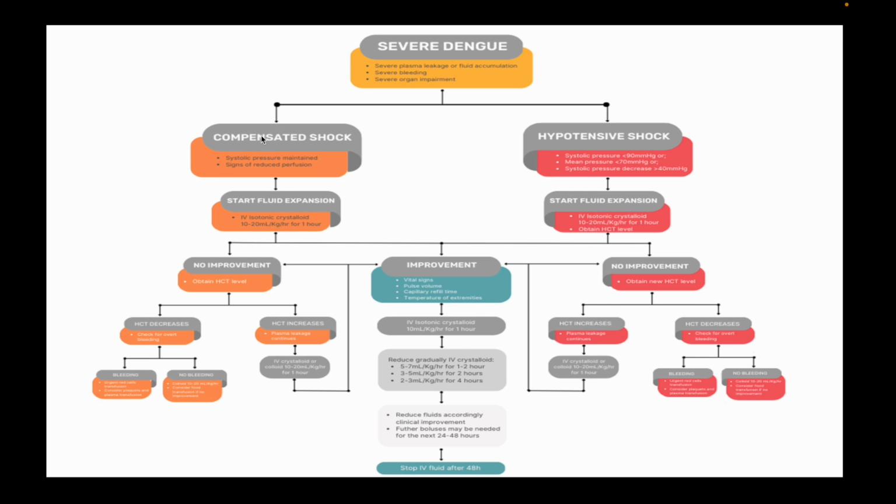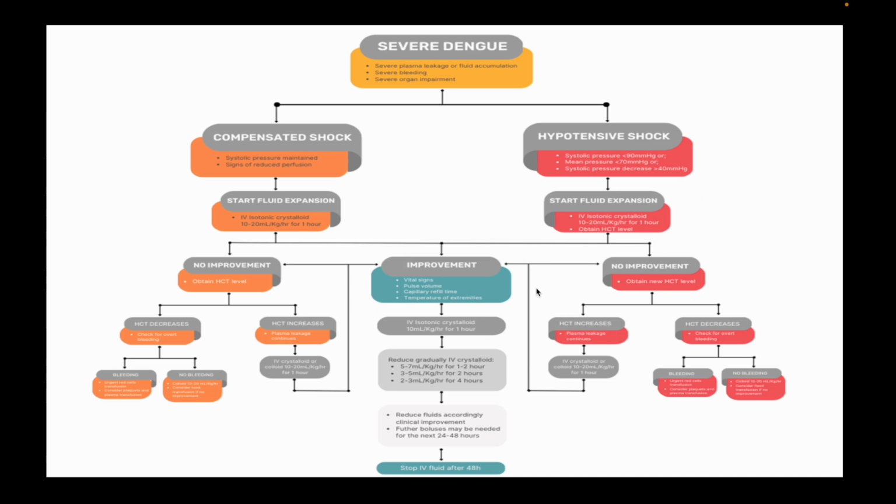Regarding the patients who are in compensated shock, if they are showing improvement, then they must be continued as is, and if they are not, then you look similarly at the hematocrit level. So basically: warning sign, find out severe dengue, check if the patient is in shock, give fluids, check your hematocrit, and check the vitals after the fluid.